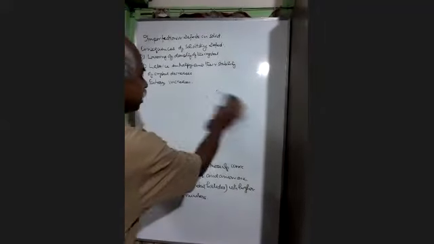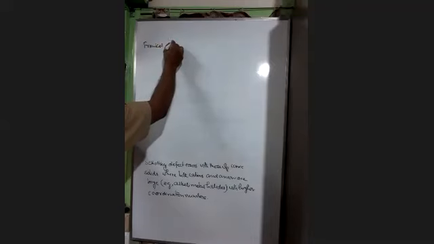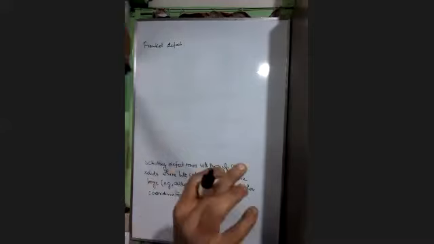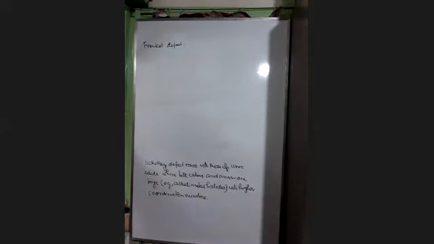So now we'll go for another type of crystal defect, that you call Frenkel. See, in this case, you'll find both the cations and anions, and generally cations are smaller than the anions.